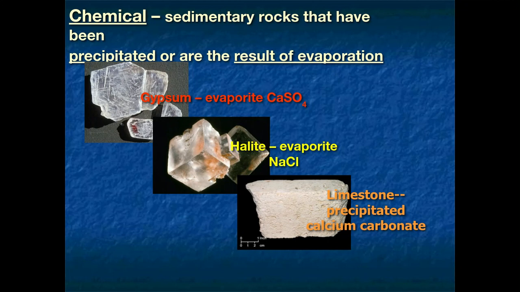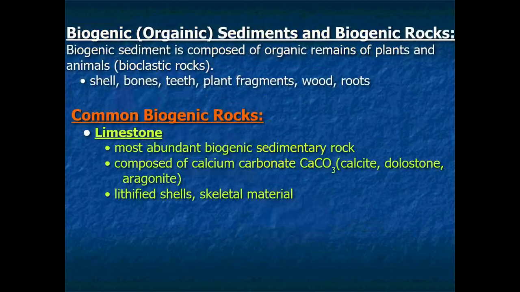But the fact is that the chemical sedimentary rocks lack visible inorganic grains, and the detrital rocks certainly have grains. Our last category we're going to look at is organic sediments and organic type sedimentary rocks.